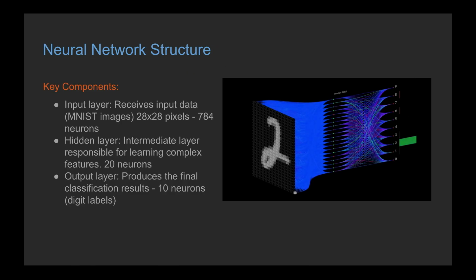This is already a working example, but again, we're looking at the structure. We have 784 input neurons, which respectively correlate to those pixels in the images. And then I took 20 neurons in the hidden layer, and then we have 10 output neurons, which again just tell us which number it is.